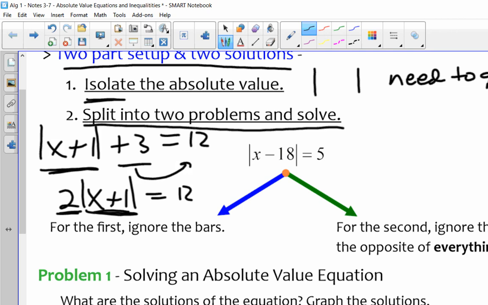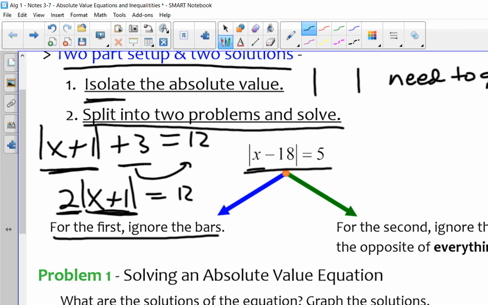So if you guys could go ahead and write down this absolute value equation, and we'll just do that really quick, okay? And if you write this down, first step, when I write my first equation, I'm going to back up for a second. Is the absolute value isolated?